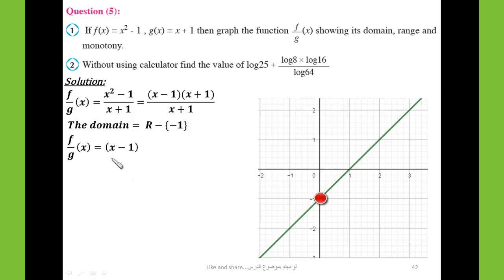When x equals 1, the new function equals 0. 1 and 0, 2 and 1, and so on, and we draw this straight line. So this graph represents f over g of x, which equals x minus 1.